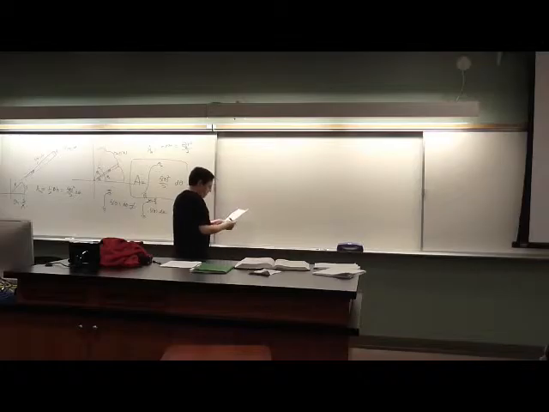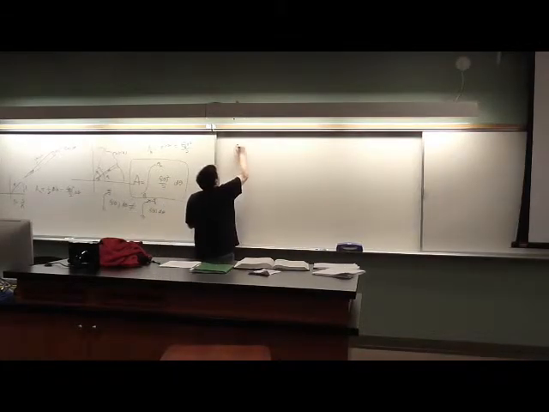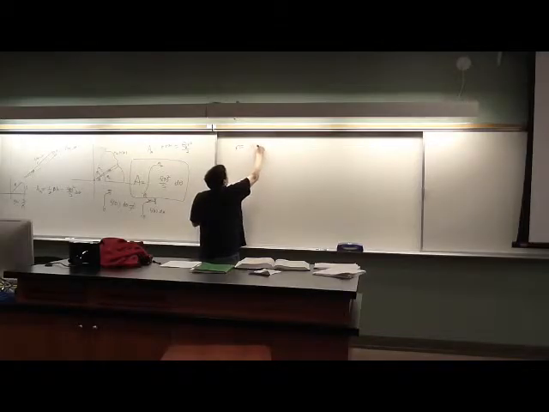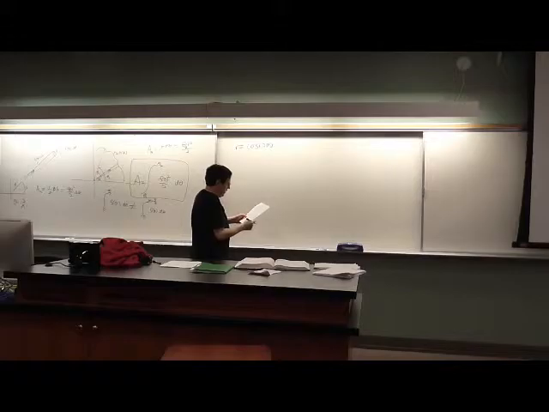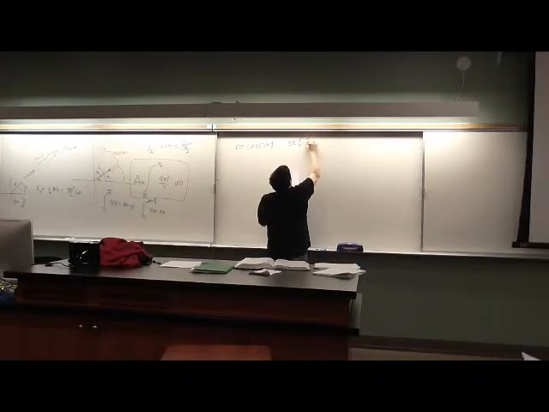Let's start with a simple problem. Did I do this problem? r equals cosine 2 theta, over the theta interval negative pi over 4 to pi over 4.